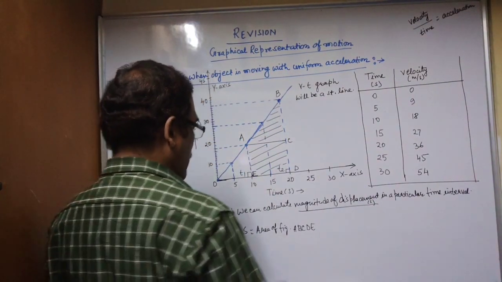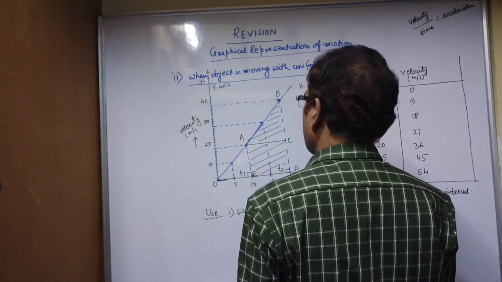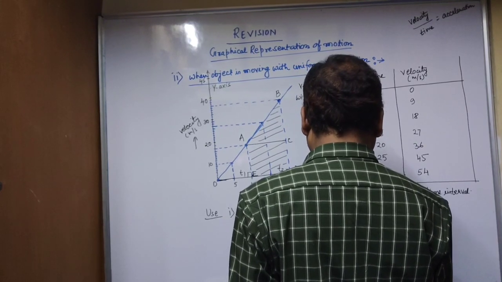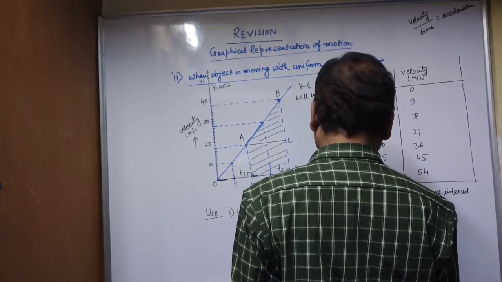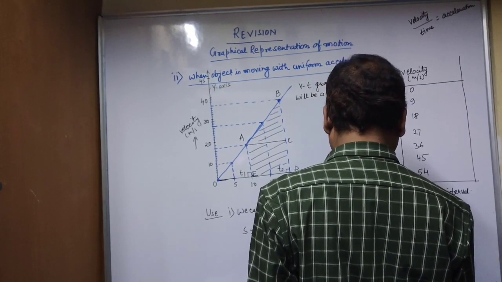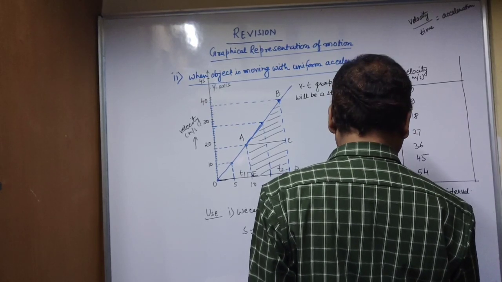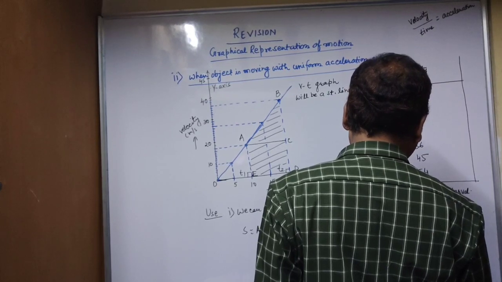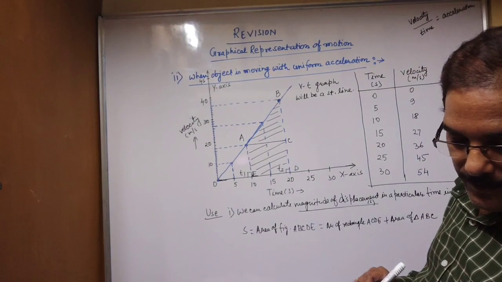So we can write the area of figure ABCDE is equal to area of rectangle ACDE plus area of triangle ABC, isn't it?